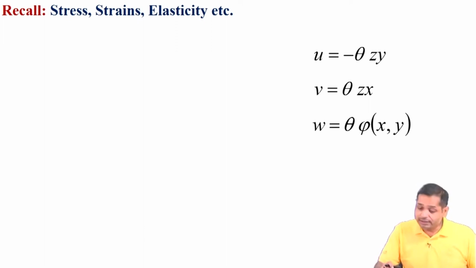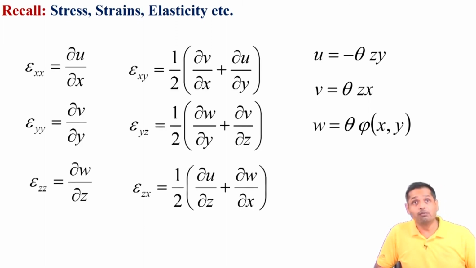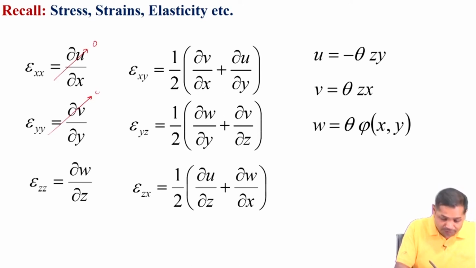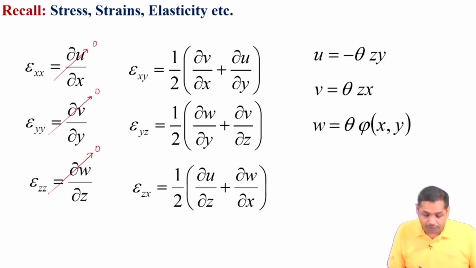Now, this is the description of u, v and w, and then this is the definition of strains we have learnt in linear elasticity, but all components of strain will not be non-zero. For instance, this will be 0 and this will be 0, all the normal components will be 0, and then this will also be 0.